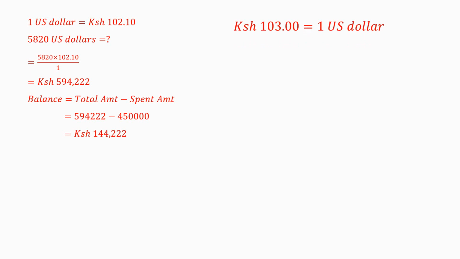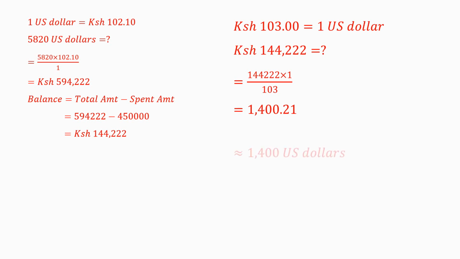So to get the balance in dollars, we divide the Kenya shillings balance amount by the rate, and it equals 1,400.21 US dollars. But we've been asked to give our answer to the nearest dollar, and therefore it's equal to 1,400 US dollars to the nearest dollar.